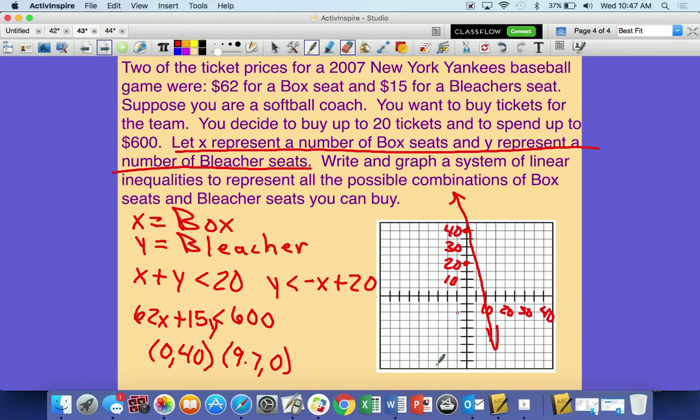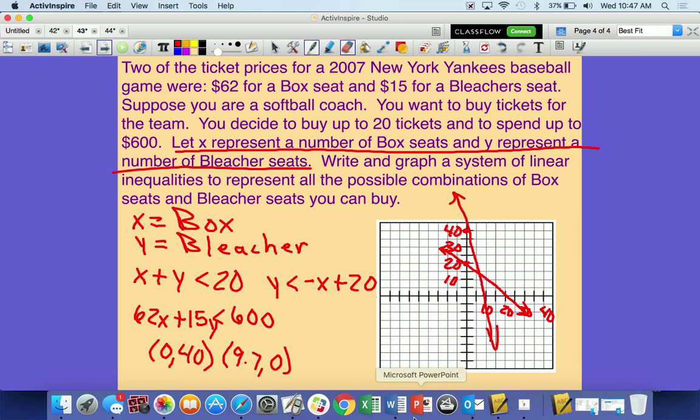Because we moved up 10 every 2 and across 10 every 2, with our slope of negative 1 we can still go down 1 over 1, down 1 over 1, and so on here. And then we can draw this line in here. So that's a nice little trick that can save you a little bit of time.